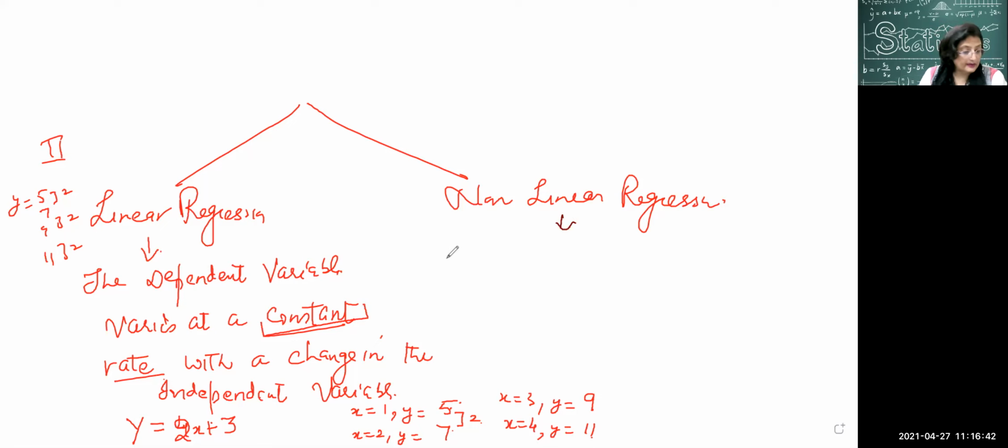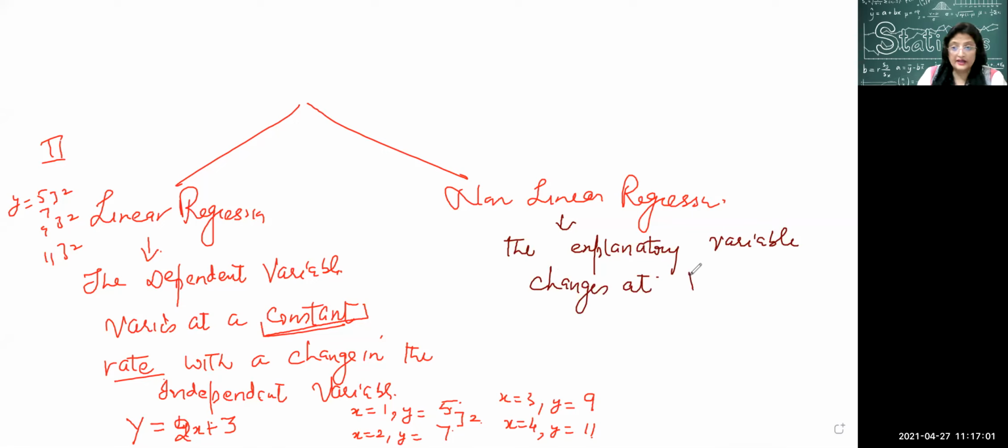The dependent variable, the explanatory variable, you will write the changes that the explanatory variable changes at varying rates. यानी जो इंडिपेंडेंट वेरिएबल है, यहाँ पे एक्सप्लेनेटरी वेरिएबल कौन सा है? इंडिपेंडेंट वेरिएबल चेंजेस एट वेरिंग रेट्स. Sorry, you will write here explained variable, not explanatory, explained variable here.